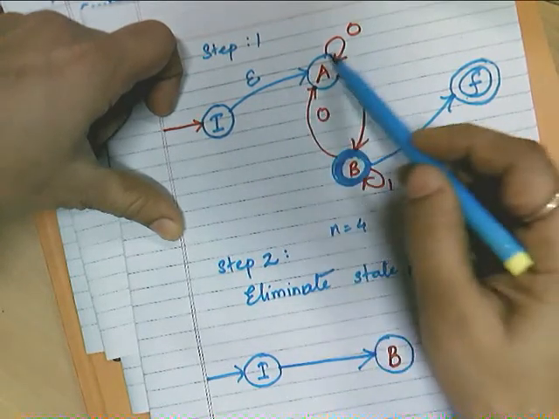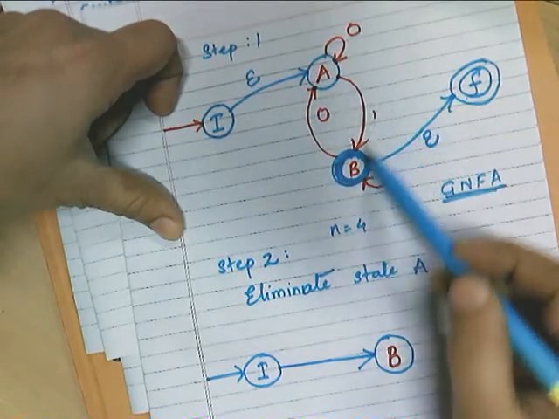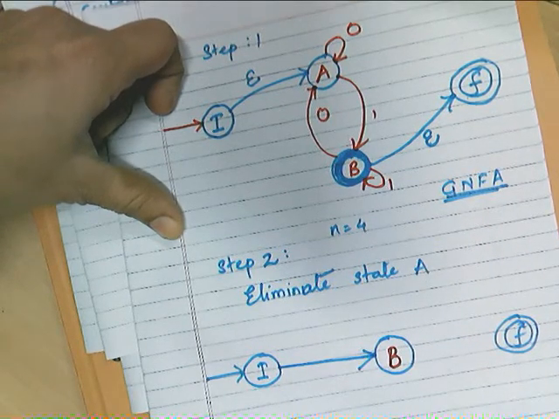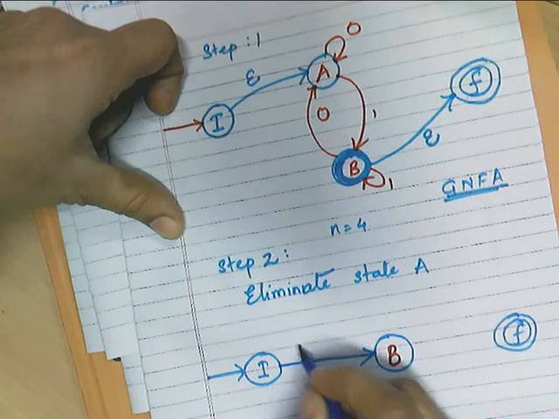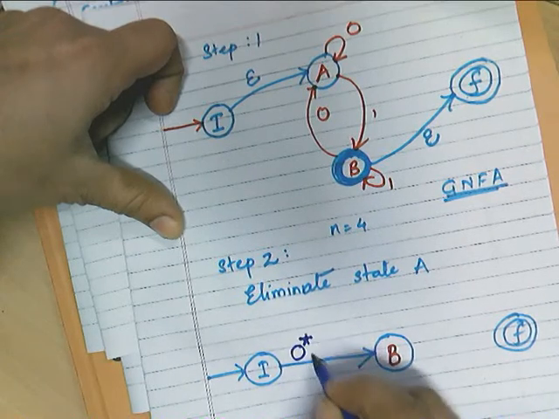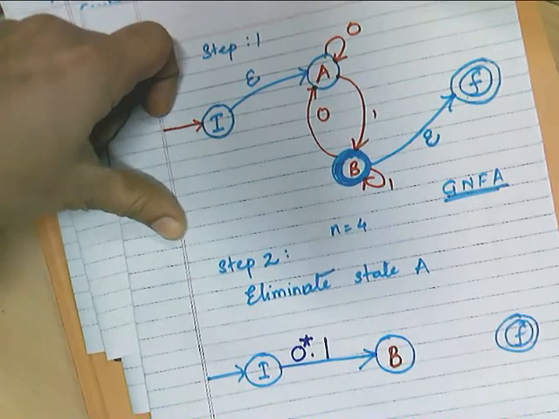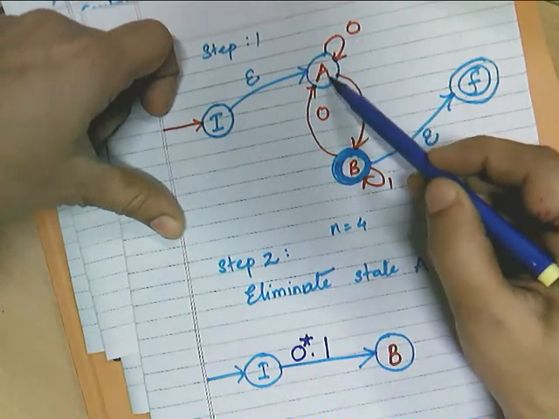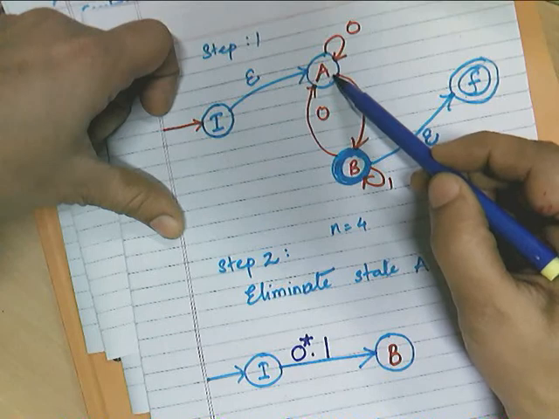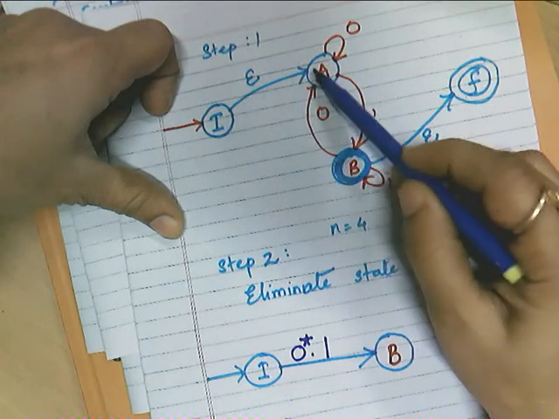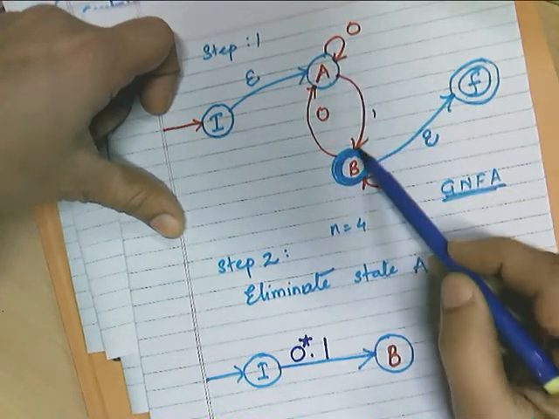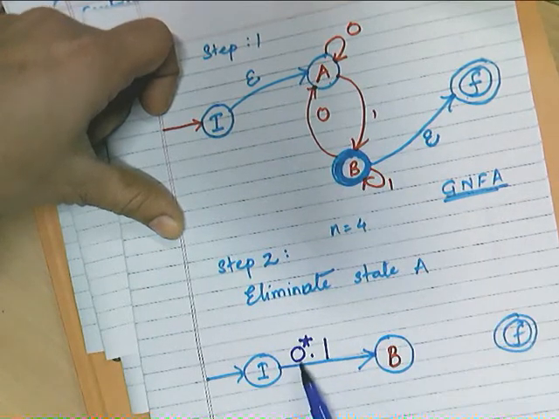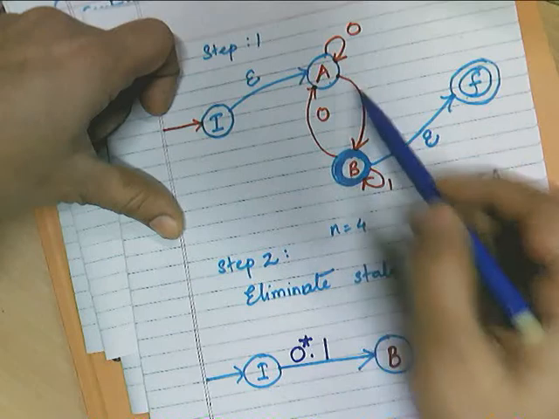I can reach with 0 star dot 1. So I can reach this B state if I have 0 star dot 1. From where did I get this 0 star? This is the 0 star which was on A, and the path is like this, and this. In this way I am reaching from initial to B state. Clear? So 0 star 1.